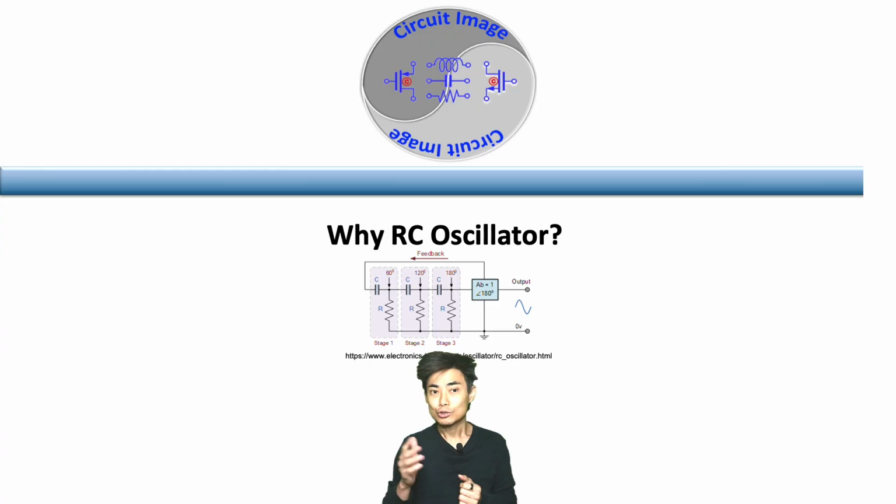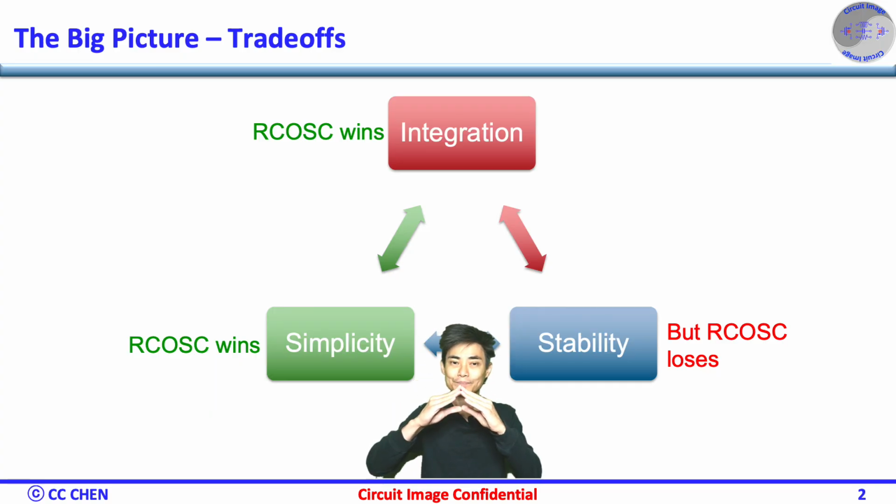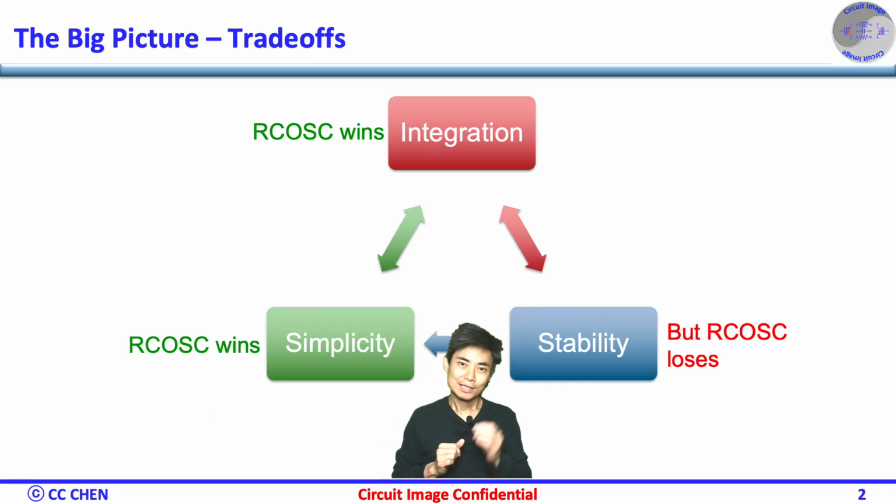What if we just use the CMOS process and build an oscillator with only Rs and Cs? That's our journey today. Compact, cheap CMOS native clocks. Before diving into circuits, think of this as a trade-off triangle. Integration, stability, and simplicity.